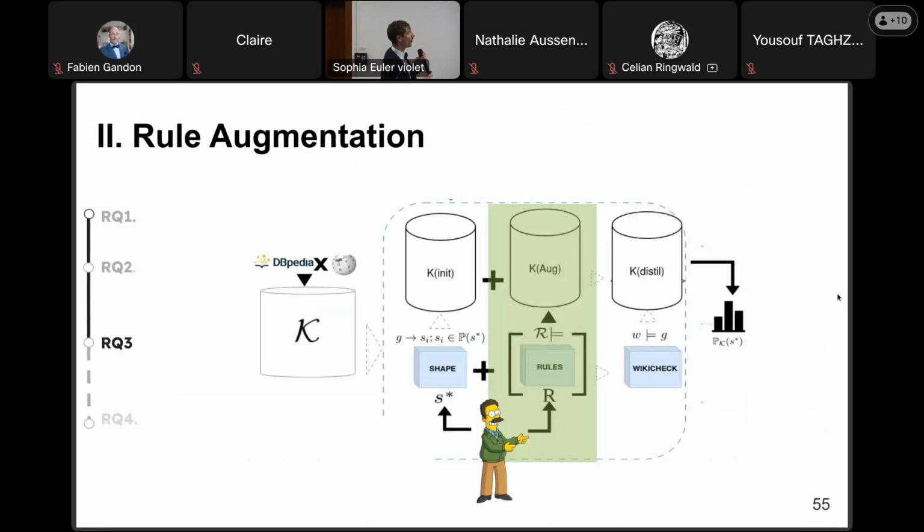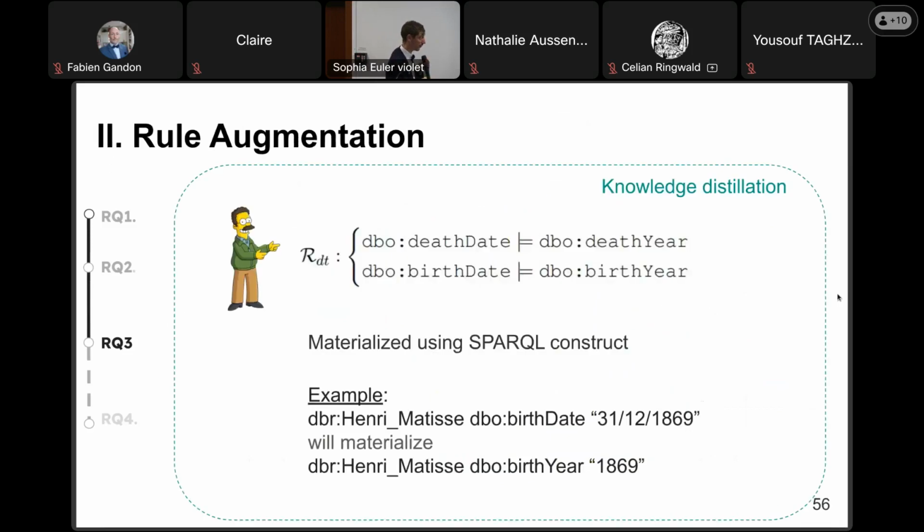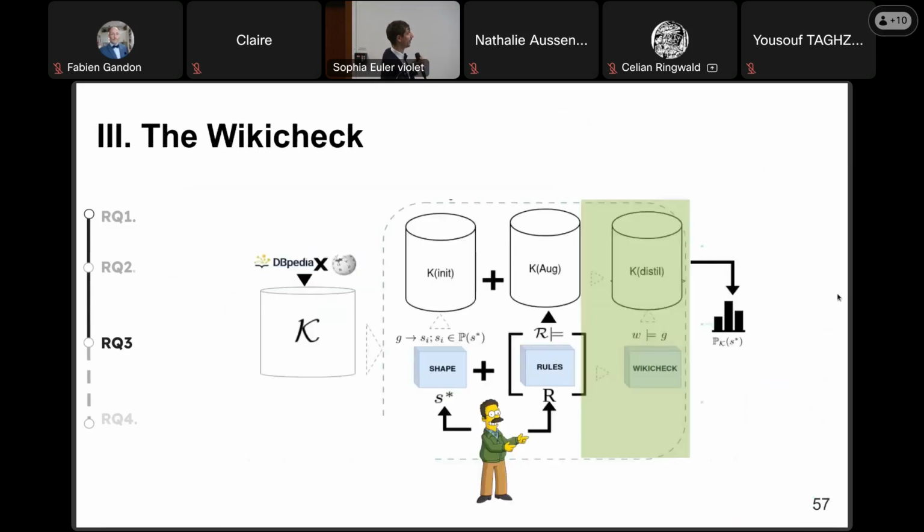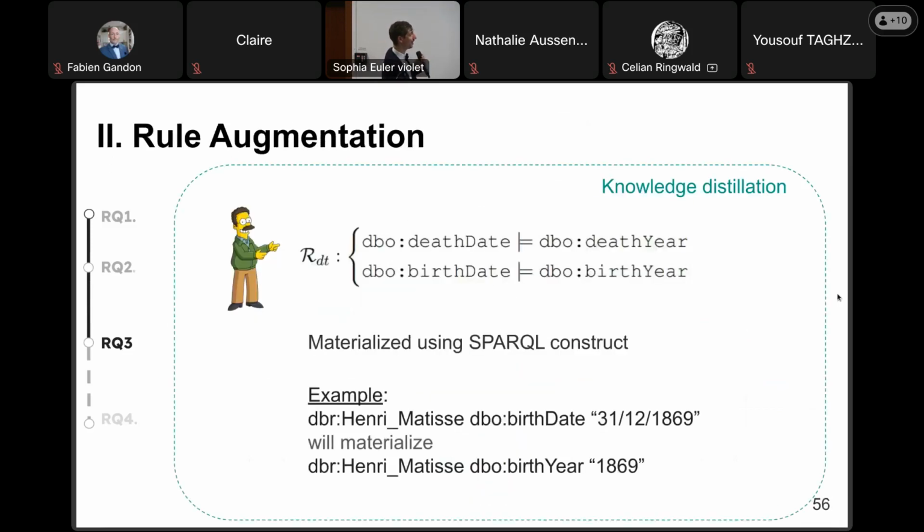The next step is the rule augmentation. As DBpedia has several coverage issues, we propose in our case to fill in the blanks by defining some rules. By analyzing our knowledge base, we saw that many years were missing. For this reason, we propose a rule that infers the missing years from the dates.